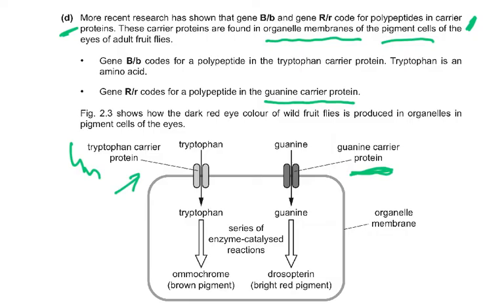So tryptophan enters, and homochrome brown pigment is formed. Guanine enters, and drosopterin bright red pigment is formed. So there is a series of enzyme catalyzed reactions, and guanine entering results in drosopterin, and tryptophan, an amino acid which enters this membrane through this channel protein, results in the brown pigment homochrome.